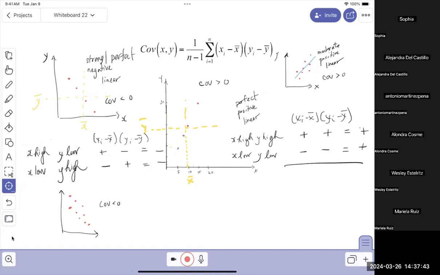So we have a problem though, because there's something different, even though these both have a negative covariance. How do we know that this one above is perfect and this one below is not perfect without seeing the graph? We need a number, a measure that tells us about the perfection. That measure is called what?